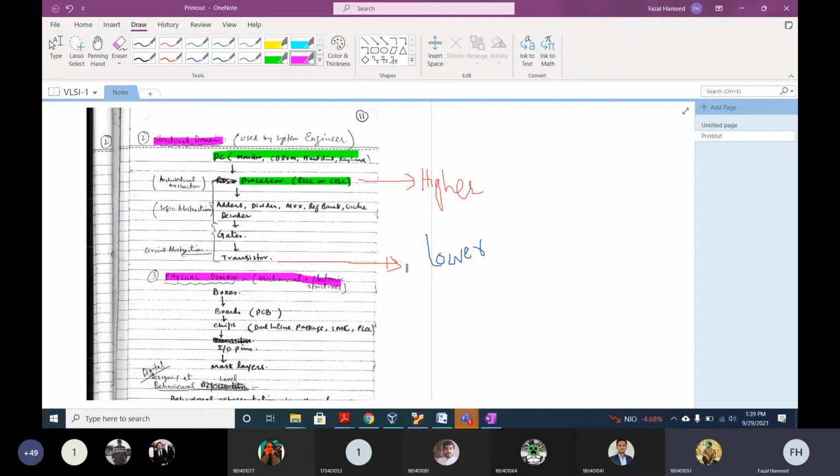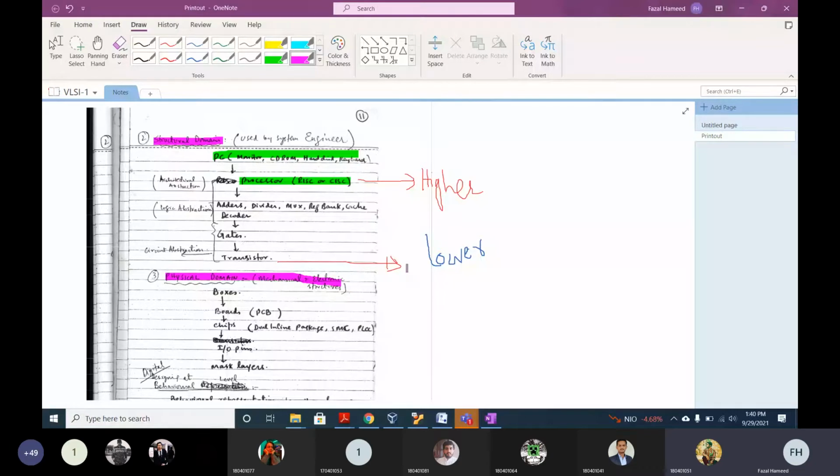Did you get my point? Yes, sir. Okay, let's assume you have different components: a processor, a memory, and a hard disk, and the system engineer connects all these components together to form a complete system.